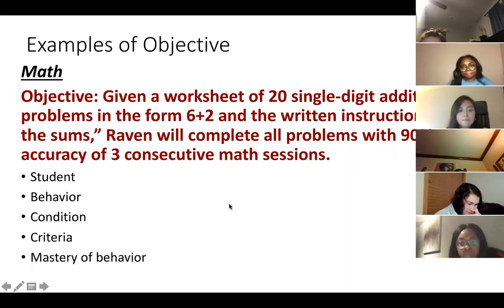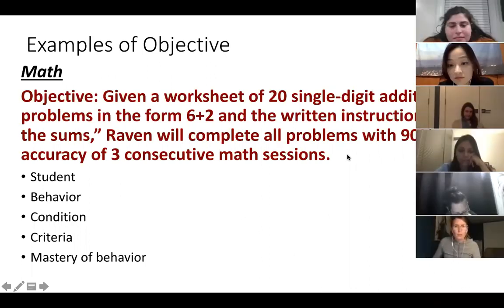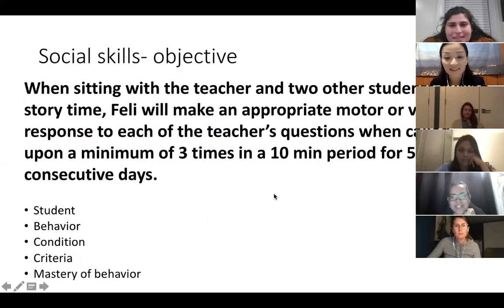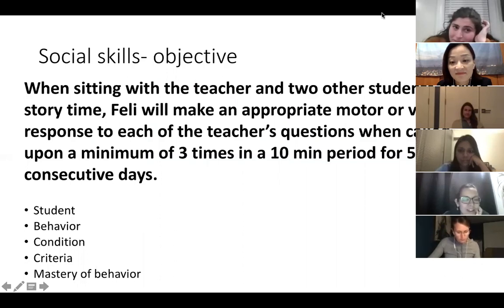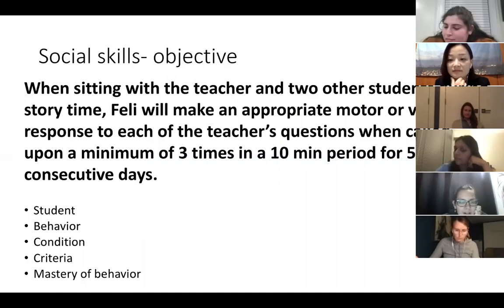Let's do the next one. Who wants to try? Paola, you want to try? Oh, I just did the first one, but I'll try. Sure. Student is Valley. Behavior: make an appropriate motor or verbal response to each of the teacher's questions.